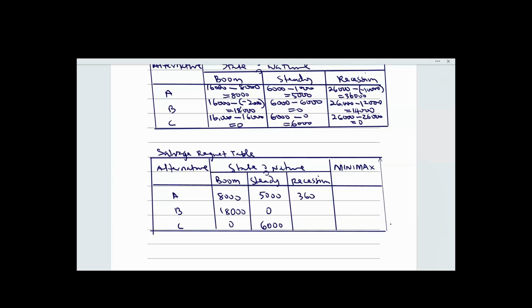Under recession, 36,000, 14,000, then 0. Now, the rule says that step 4, you should select the highest value in each row.